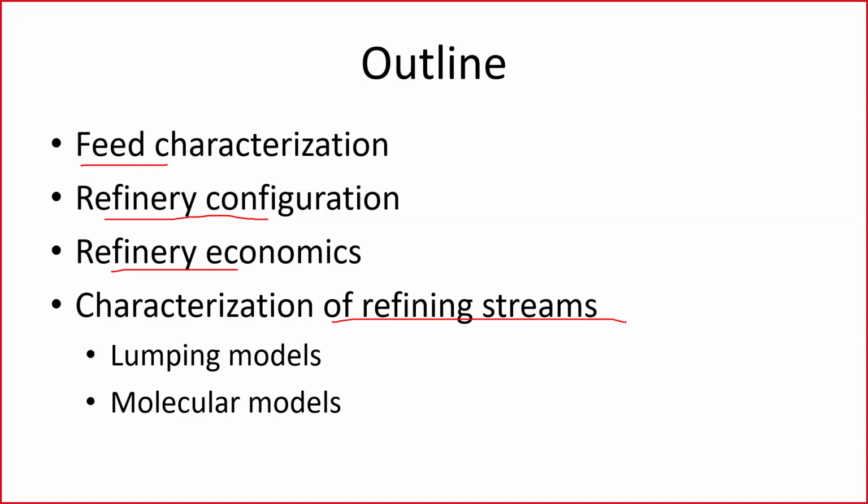Because unlike a chemical plant, where for example we have A plus B makes C, like if you have methanol and you dehydrate it, you get DME and water. These are exact components.